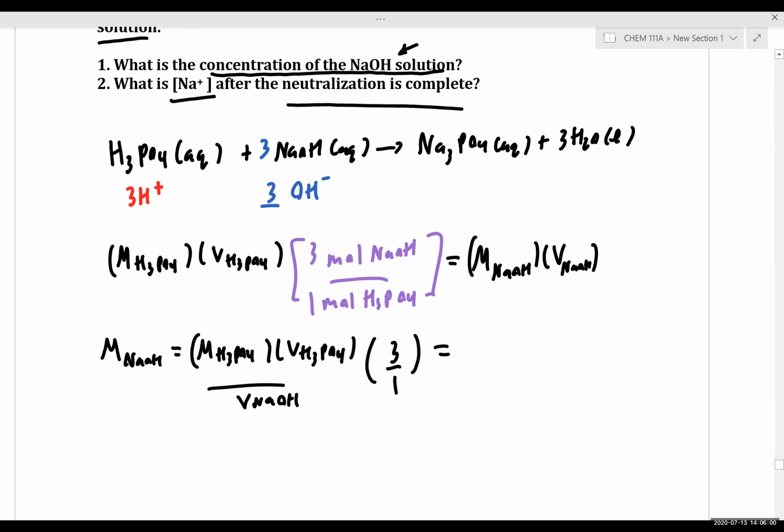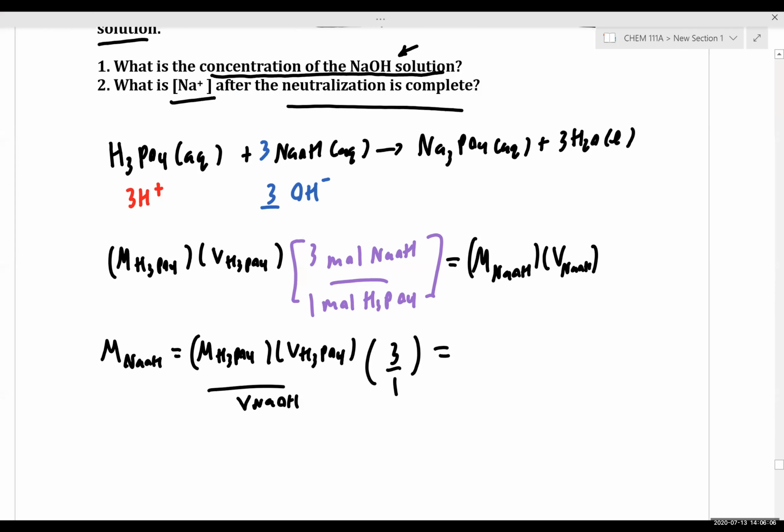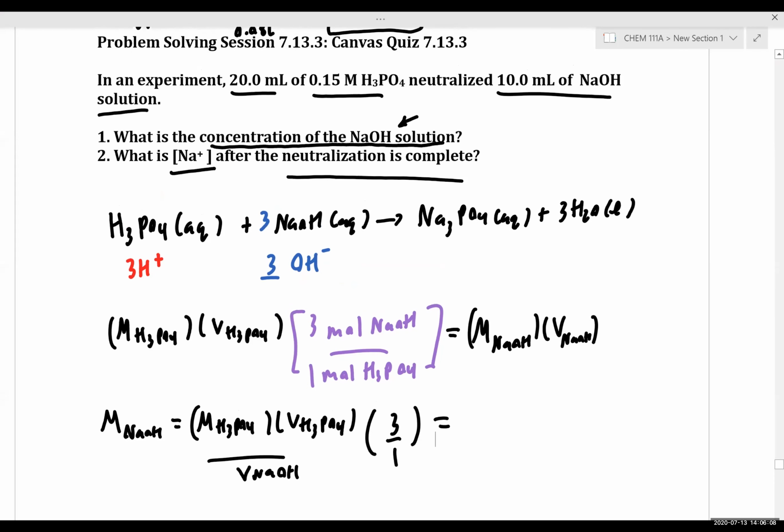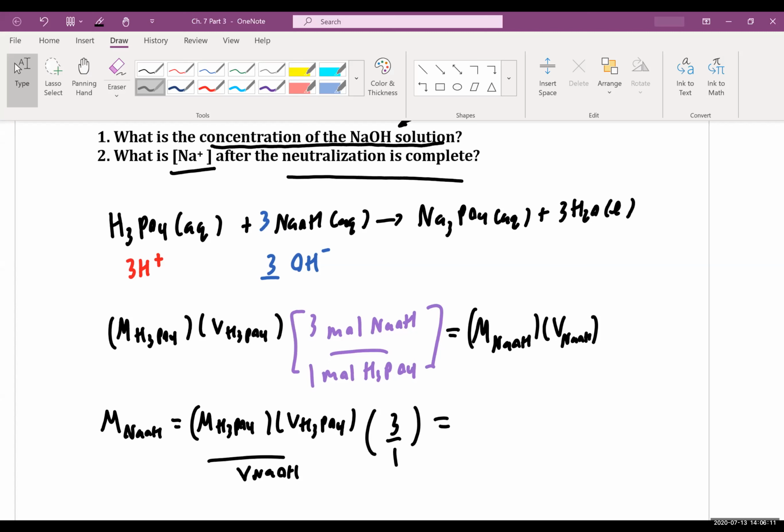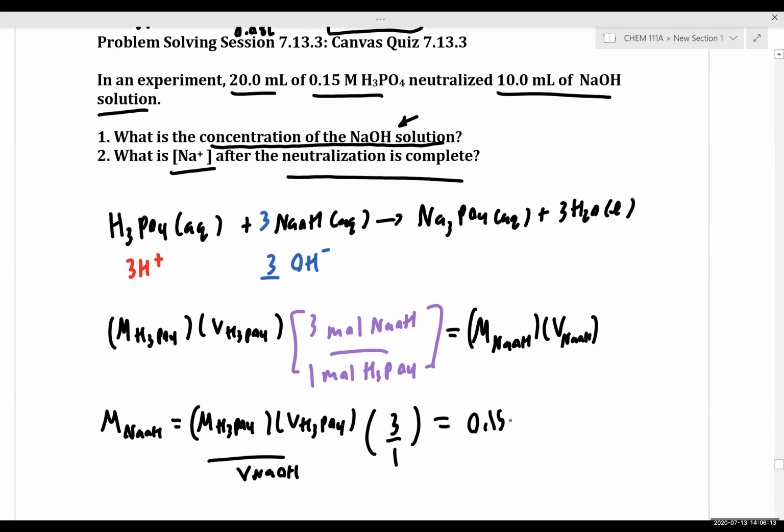If we punch this into our calculator and input our numbers, the molarity of phosphoric acid is 0.15 molar, the volume of phosphoric acid is 20 milliliters, and the volume of sodium hydroxide is 10 milliliters.